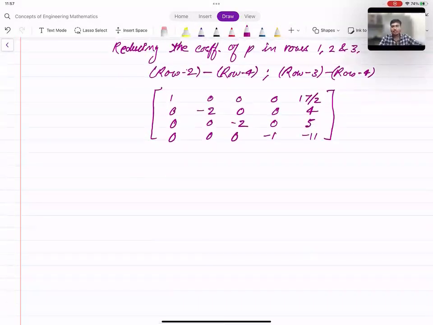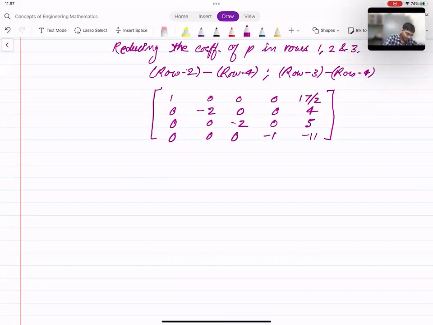Since this was the augmented matrix, now we can split it and write it in the form of the product of the coefficient matrix and the variable matrix being equal to the constant term matrix.